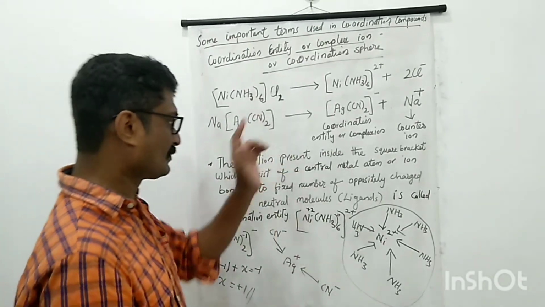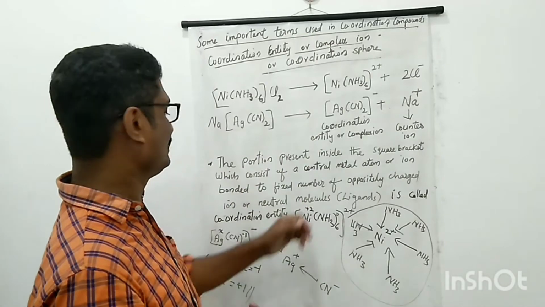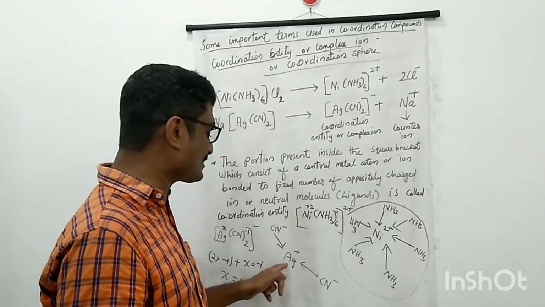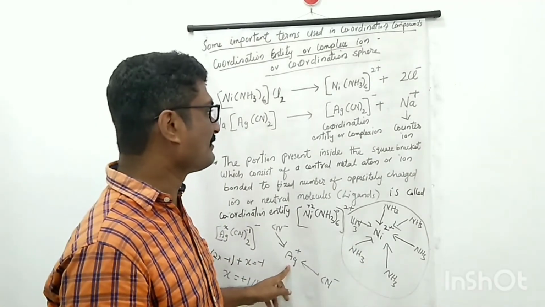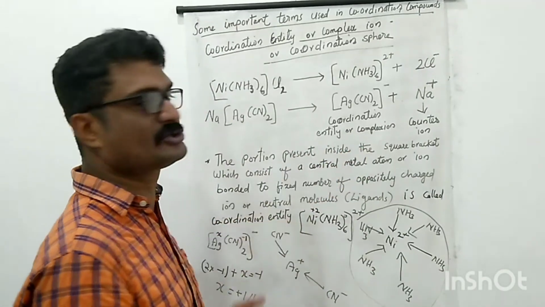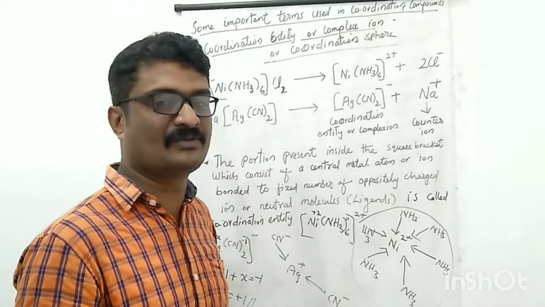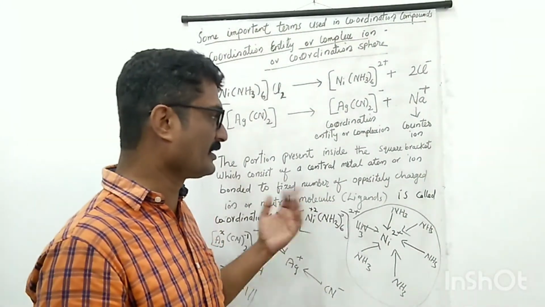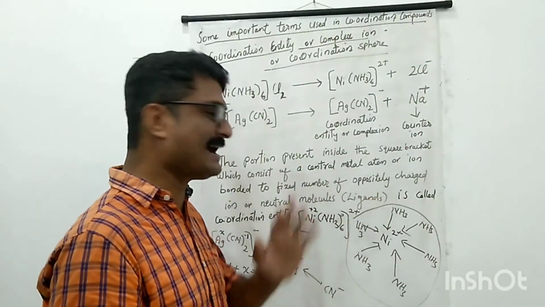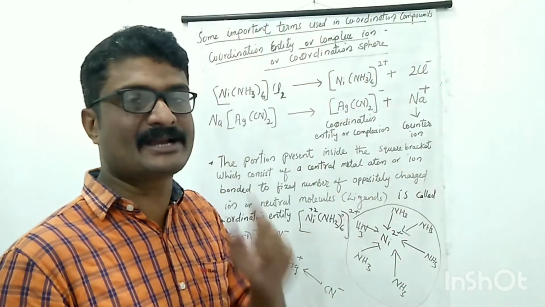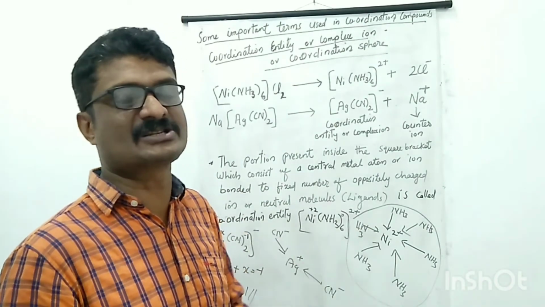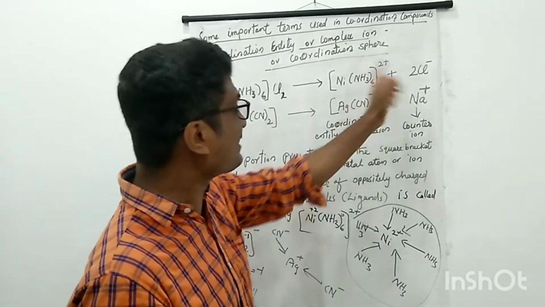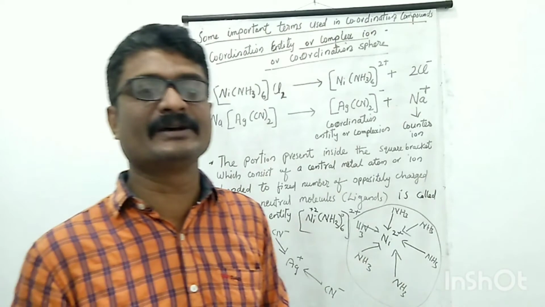We can say that the portion present inside the bracket consists of a central metal atom or central metal ion attached to a fixed number of oppositely charged ions or neutral molecules, which are called ligands. This portion is called the coordination entity, or complex ion, or coordination sphere, and the portion present outside the bracket is called the counter ion.